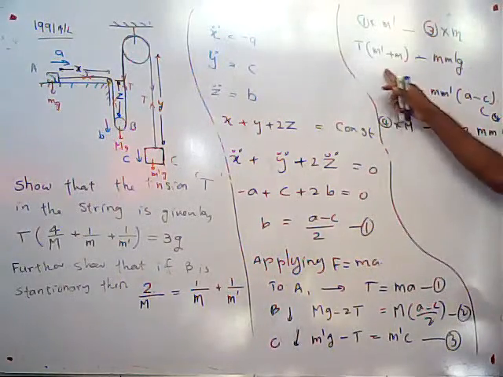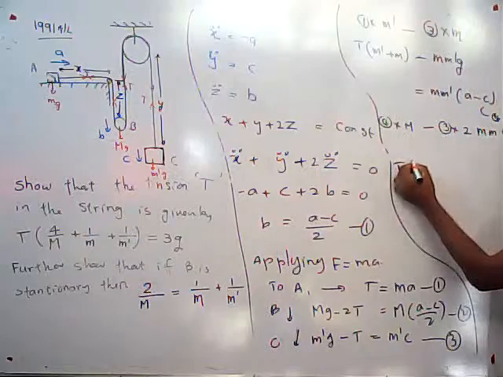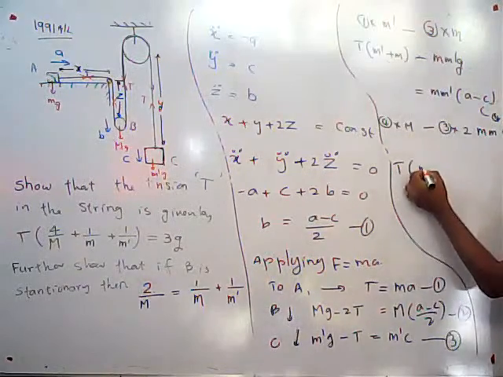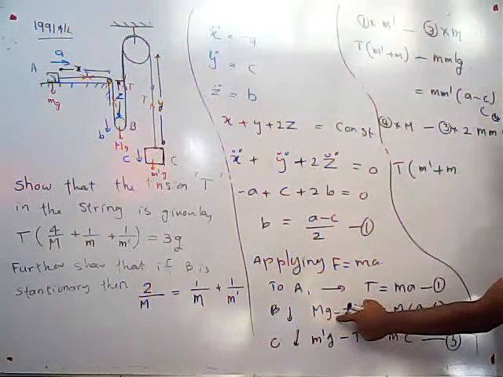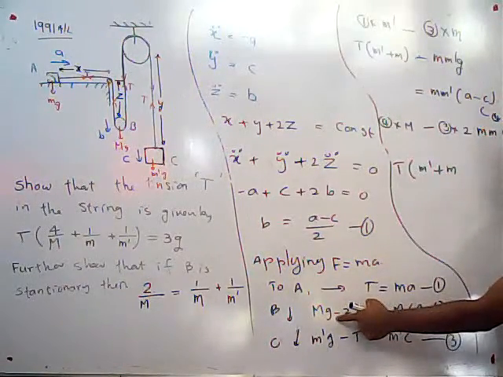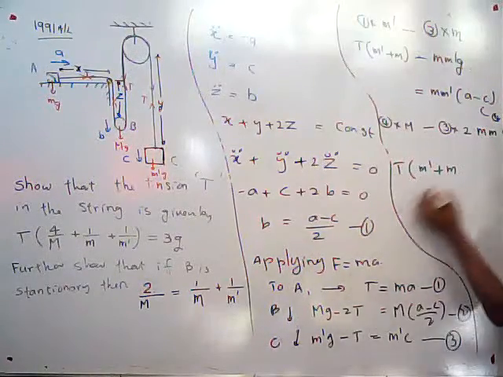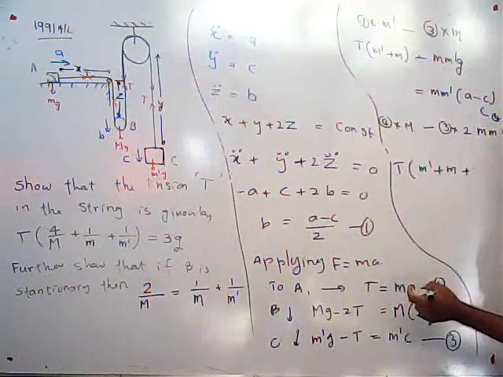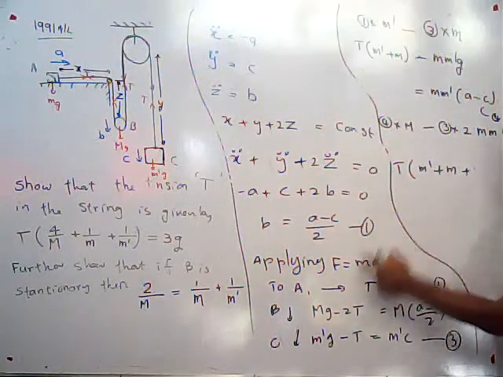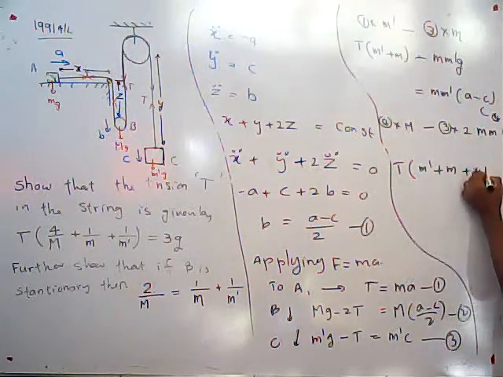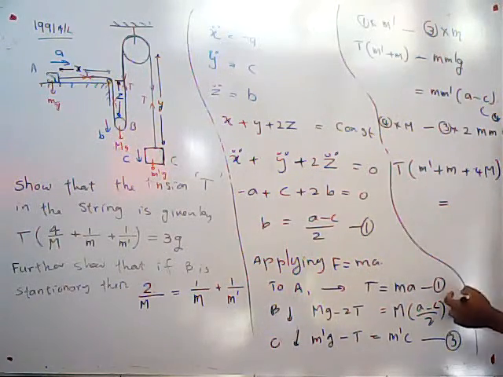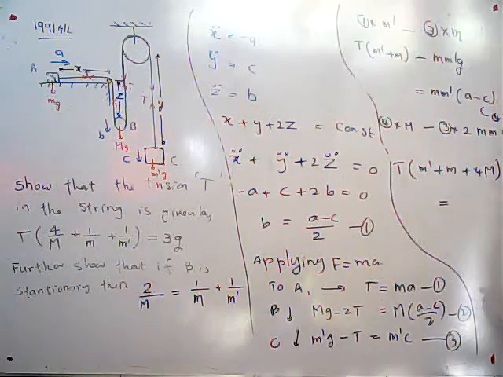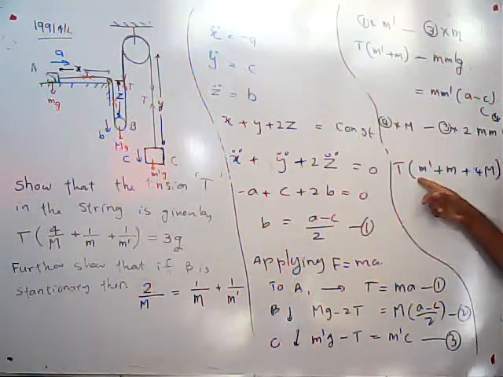So on the left hand side, we take t out, m dash plus m. When you subtract, this is going to plus 2m, plus, I have taken t out, plus 4m equals, on the other side, and that's the t term.